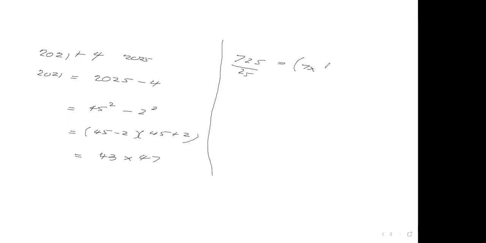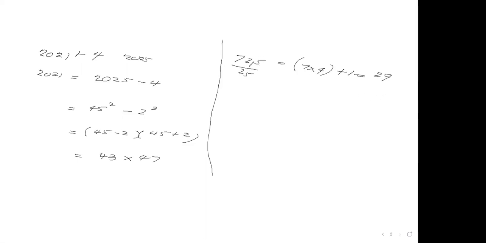I say this is 7 times 4 plus 1. Why? Because this is 700 plus 25, and each 100 has got 4 25s in it. So 700 will be 7 times 4, 28 25s in 700, and you got one more, so that's 29.